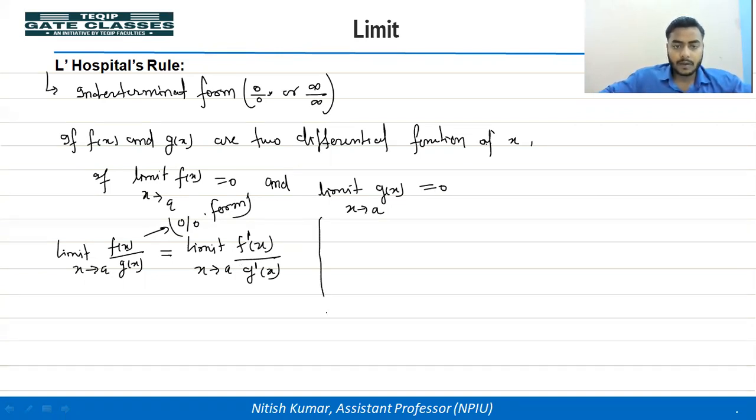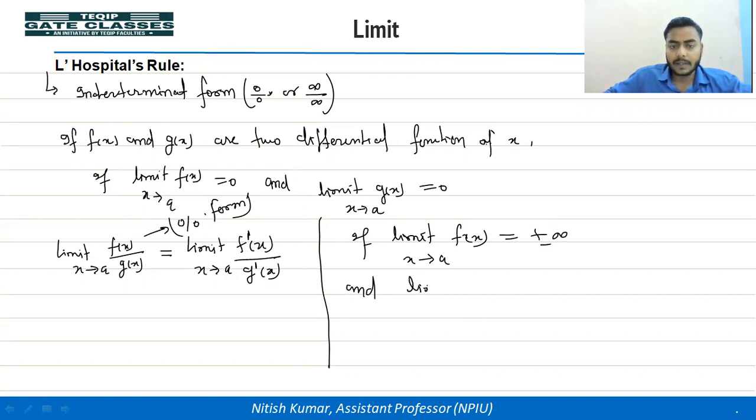Right? Or this formula can be applicable if limit of fx when x tends to a is plus or minus infinity, and limit of gx when x tends to a is plus or minus infinity. So in this case also the formula can be applicable, because already I wrote in the beginning, the L'Hopital rule is applicable for 0 by 0 form or infinity by infinity form.